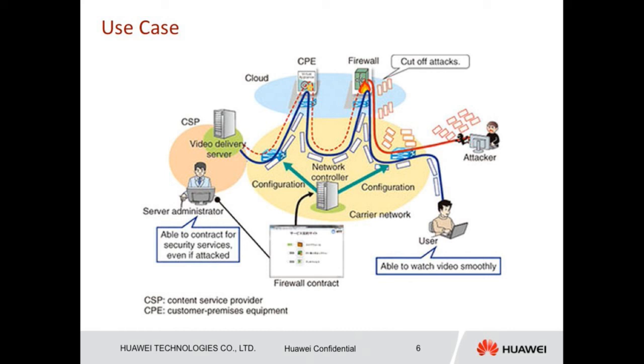Say some attacker wants to attack using DDoS to block the service. If using service chain, the traffic is examined by the firewall, then the attack would be mitigated using the firewall instances.